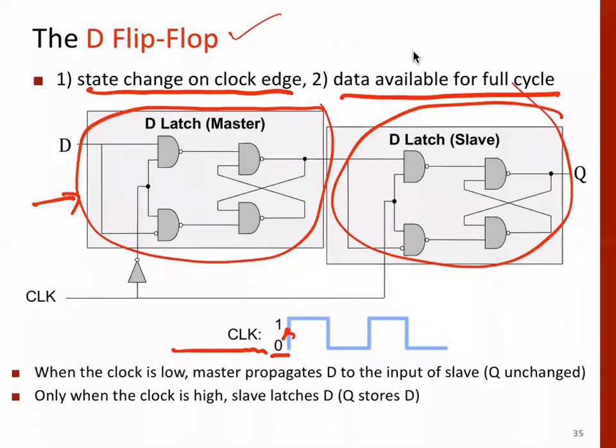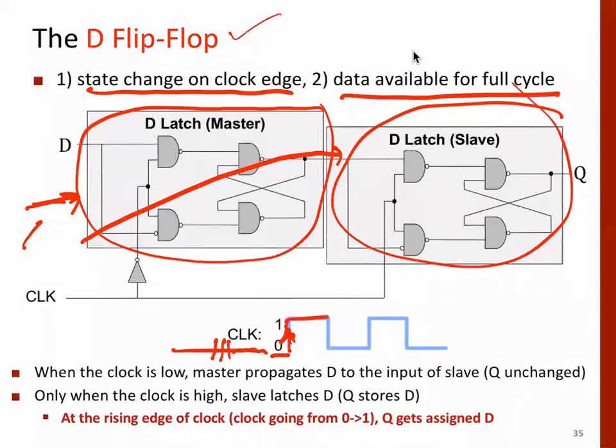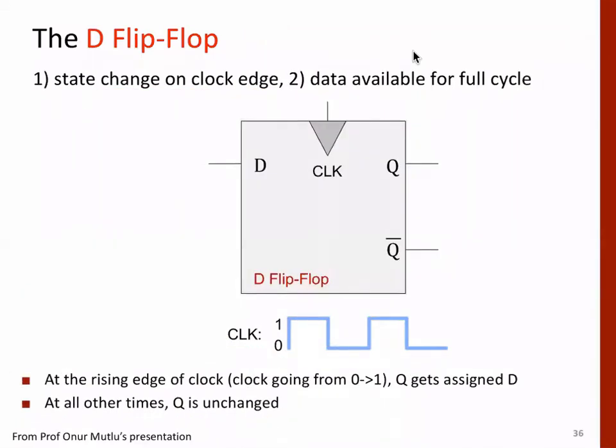Whatever data is available from the combinational logic circuit will be input to this one, and it will move from master to slave before the leading edge, or rising edge, happens. At the rising edge, the state changes. I'm sure you would have done this in your course, so I will not go into detail. However, I would expect you to learn this from the book.